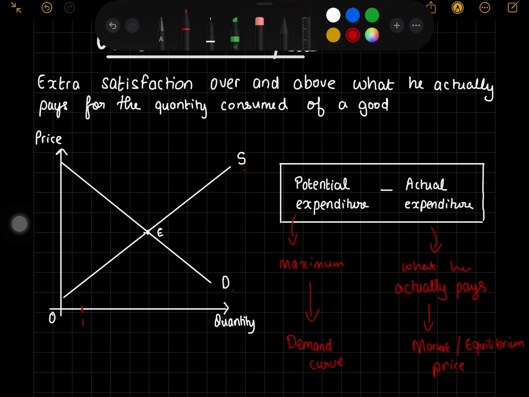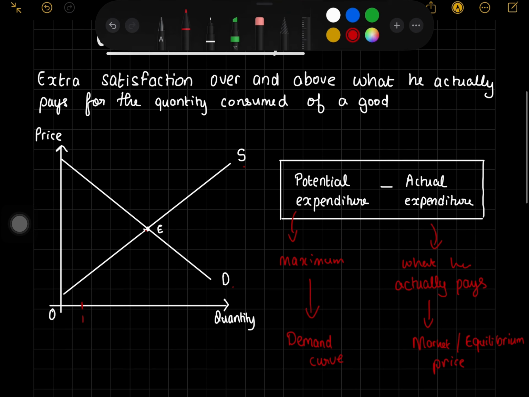What he has the capacity to pay, what he is willing to pay for the good to satisfy himself is, let us put this in dollars, $20. This is what he is willing to pay. What's the maximum he is willing to pay for 1 unit?